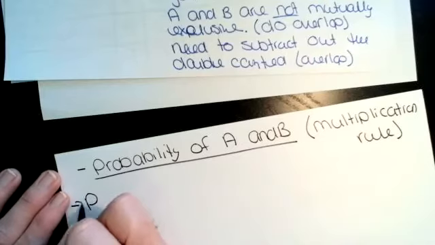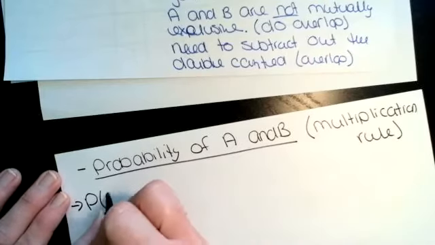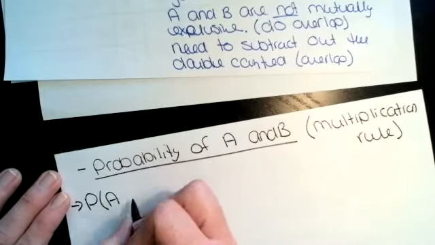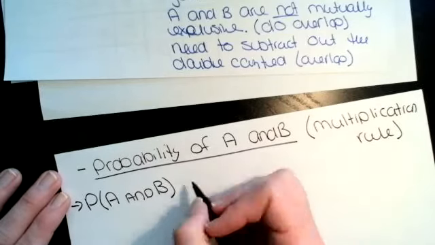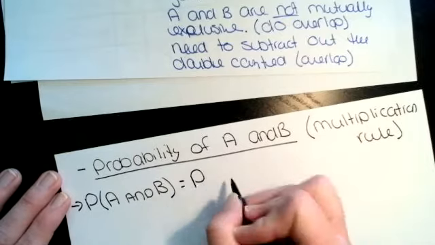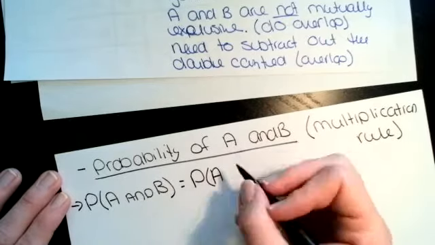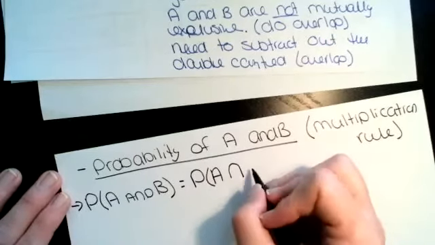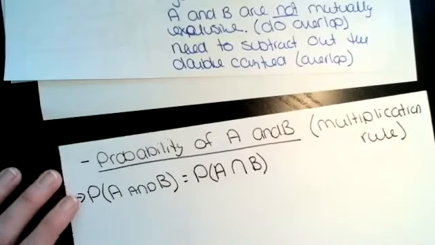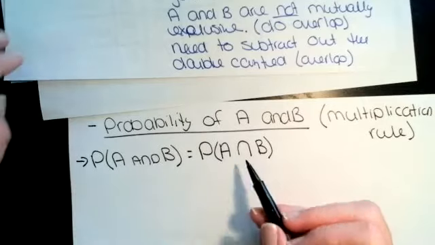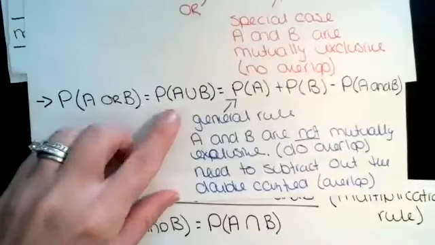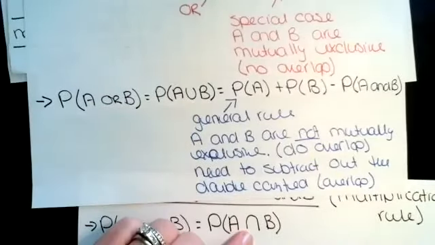Like before, we could say the probability of A and B, written out, which is the same as the notation probability of A intersection with B. Intersection looks like a lowercase n, like my union symbol, a U, just flipped upside down.